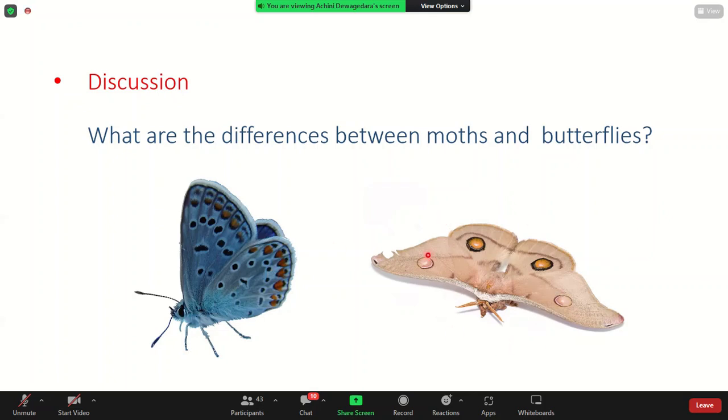But in the case of moths, they have dull colors, brown, maybe some very dark black, brown, light colors. Sometimes colors like these, cream, peach like colors. So yeah, that's one difference. What else?